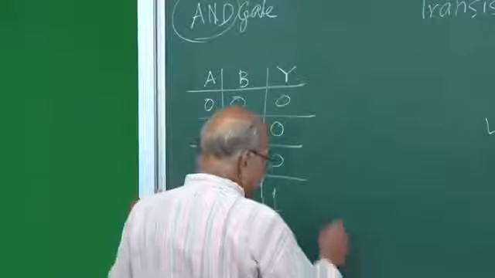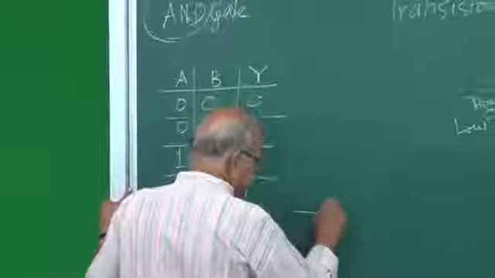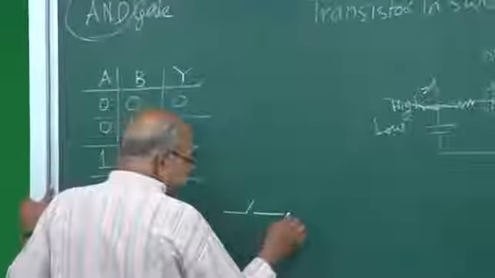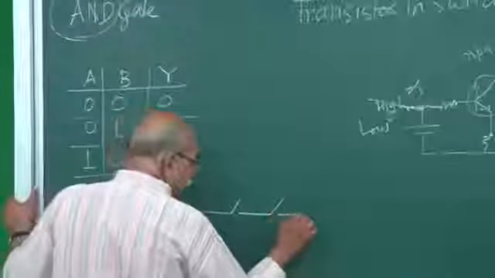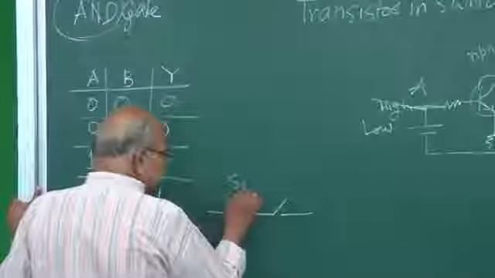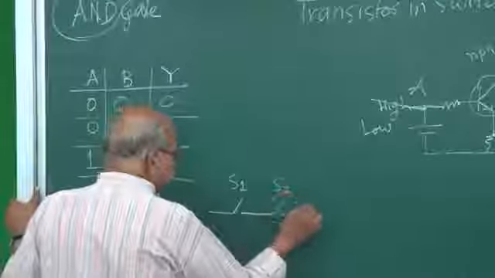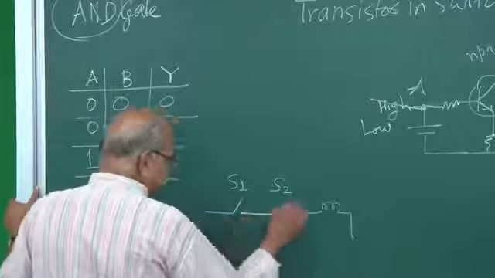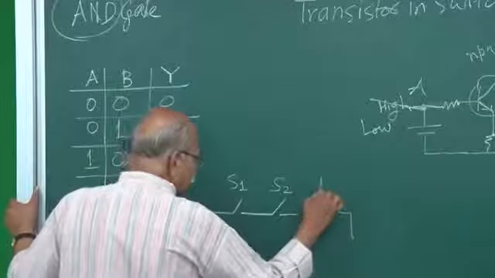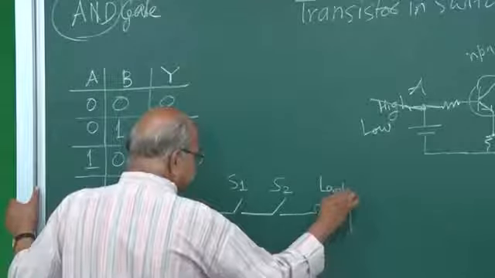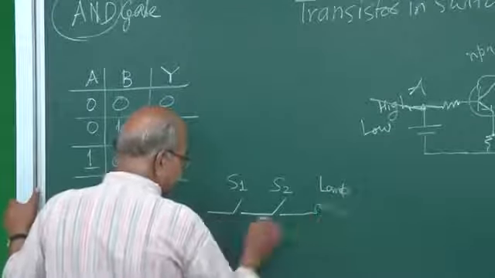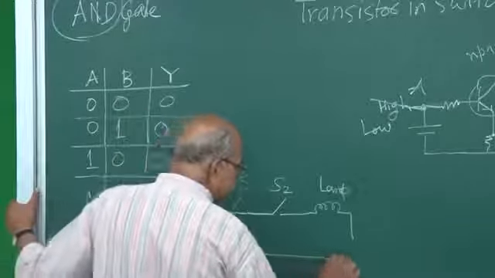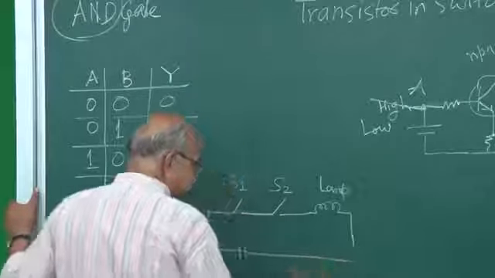So you can have 2 switches. It's just to conceive the idea of what AND is. You can have 2 switches, and these can be treated as input, and then you have a lamp out here. So this is your output, this is a lamp, and then you have an appropriate battery or power source.